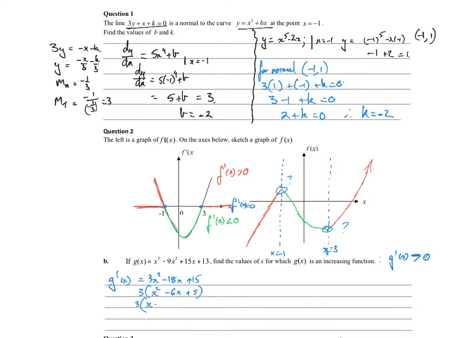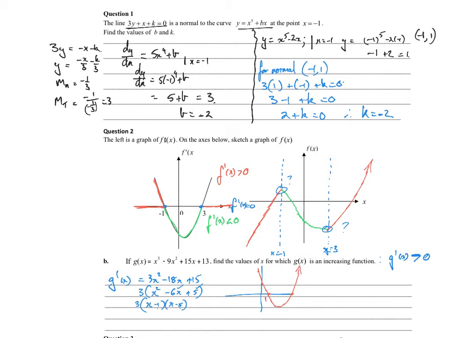So x minus 1, x minus 5. Negative 1 times negative 5 is positive 5. Negative 1 plus negative 5 is negative 6. So a quick graph of the derivative function gives me intercepts at 1 and 5. It's a positive parabola. So that's the derivative.